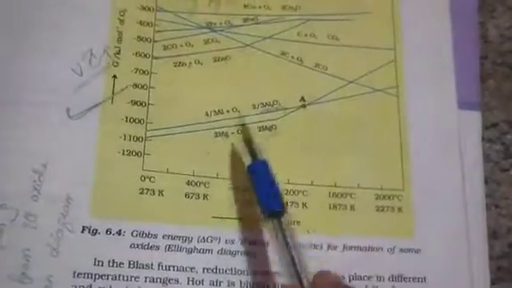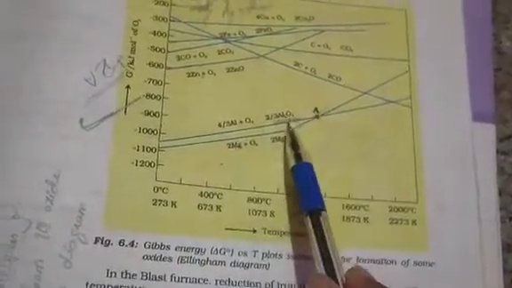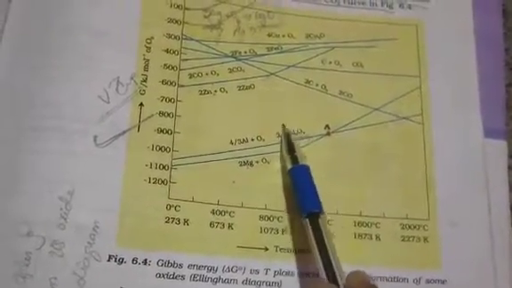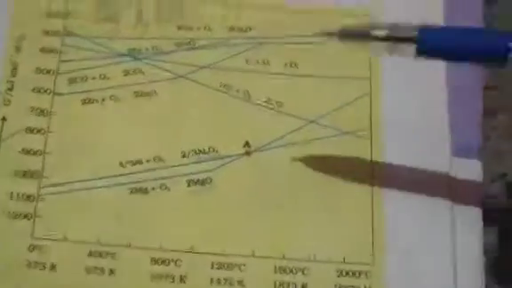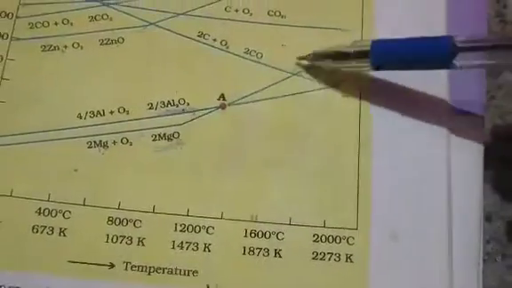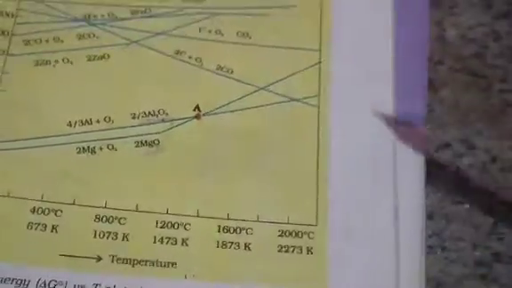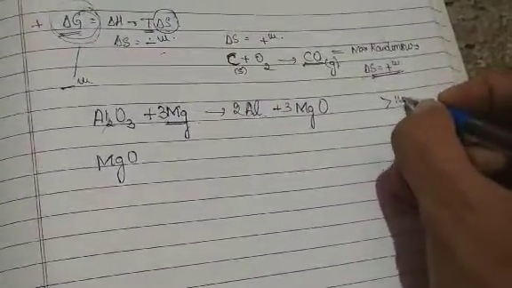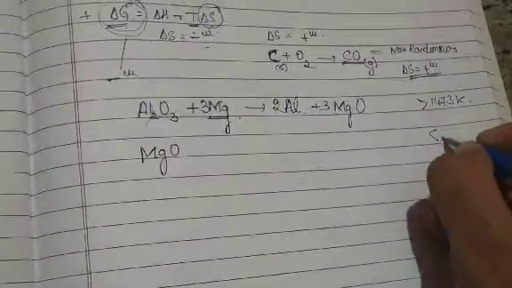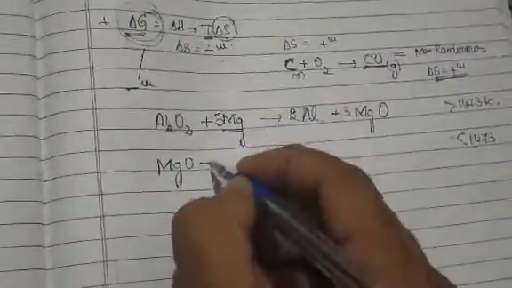Able to understand? So below 1473, the reducing agent's metal oxide is lying below the curve of the metal oxide which I have been given to reduce. But above 1473, what happens? You can just see that the curves have switched over. So above 1473, I can choose my aluminium as the reducing agent.